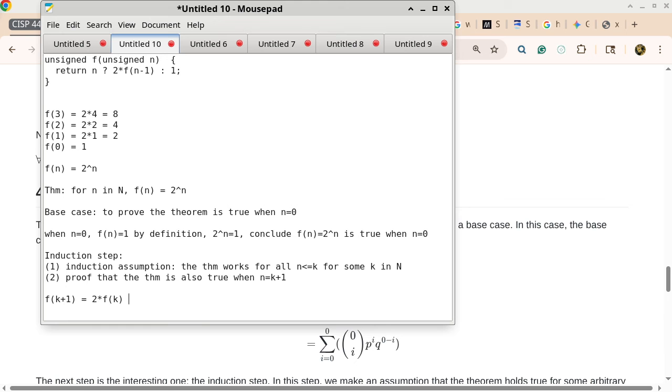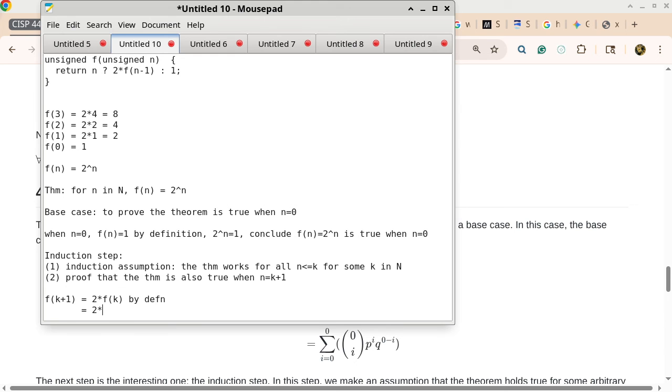So if k is a natural number, then k plus 1 is going to be non-zero, right? How can a natural number be negative? Okay, so I think we can establish this equality now. So I'll just say this is by definition.